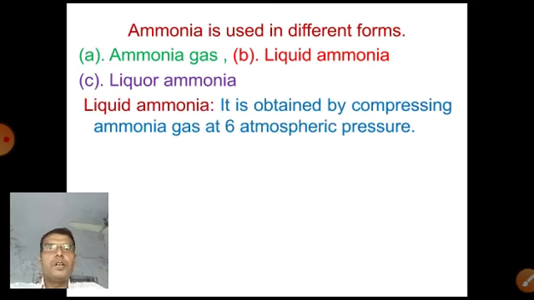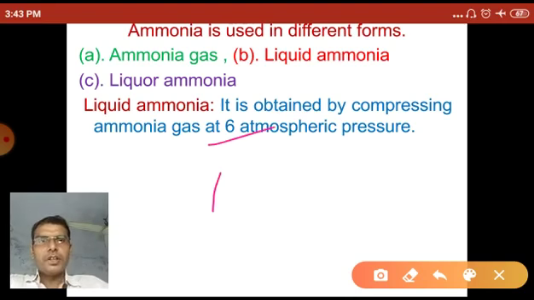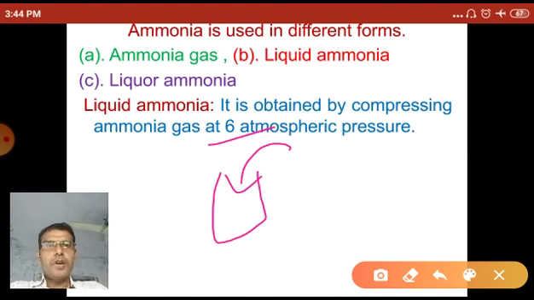Now what is liquid ammonia? Liquid ammonia is obtained by compressing ammonia gas at 6 atmospheric pressures. First we take ammonia gas and compress it into a cylinder at about 6 atmospheric pressures.